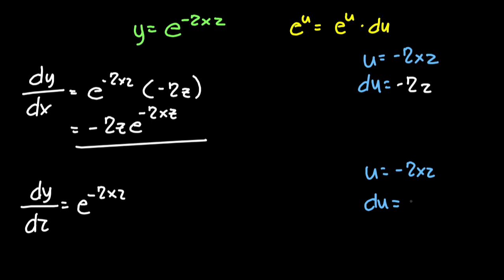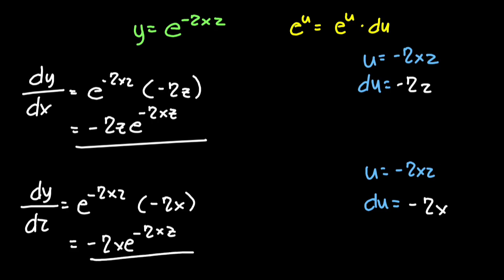So what you're left with here is negative 2x. So this would be multiplied by negative 2x. Final answer would be negative 2x e to the power of negative 2xz.